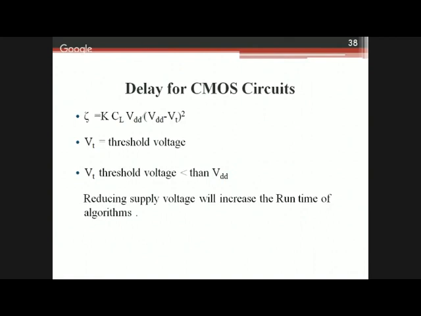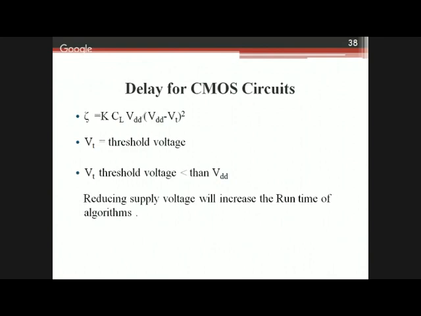Until your V_DD is greater than V_T, your CMOS is not going to be on. So the supply voltage needs to be greater than the threshold voltage in order to turn the CMOS on. That means (V_DD − V_T)² is much smaller than V_DD, so it becomes V_DD².